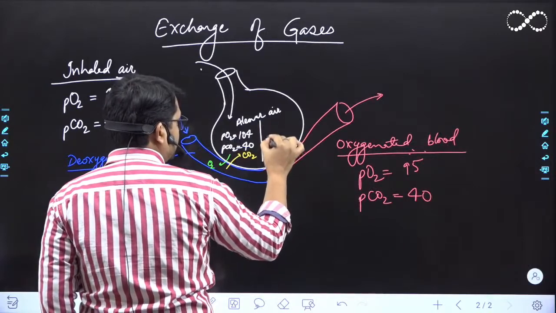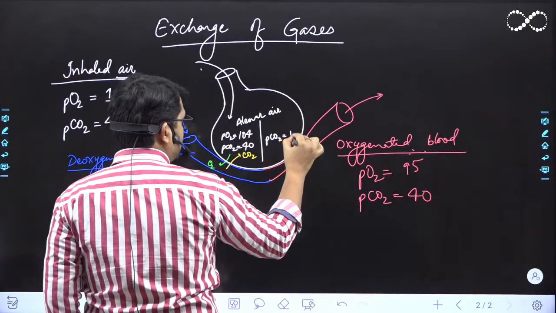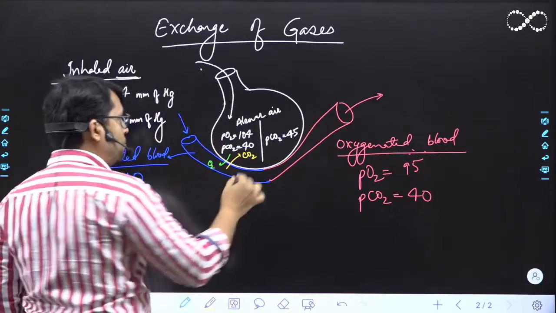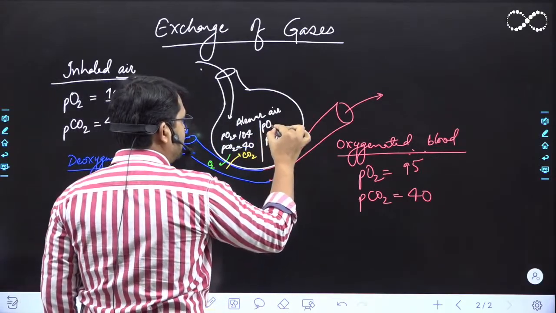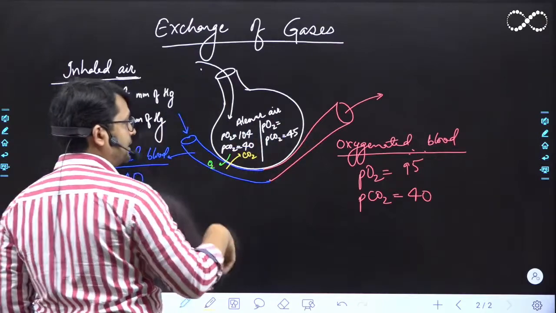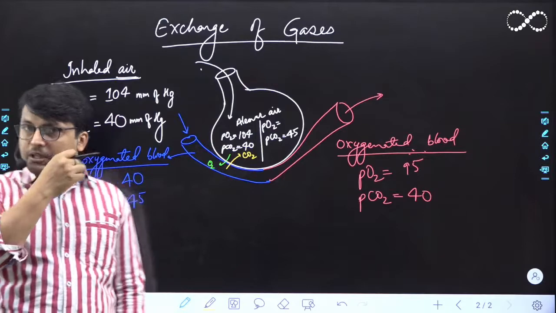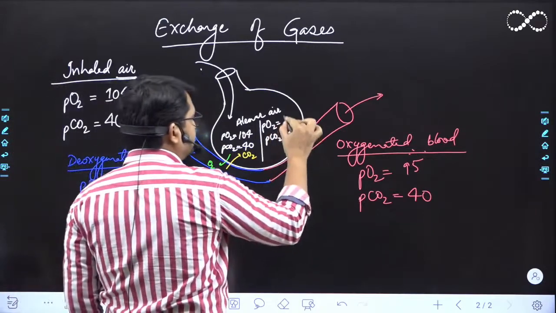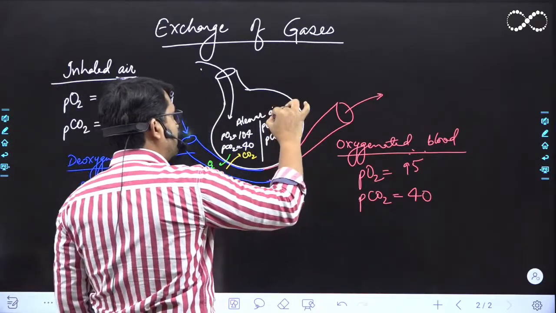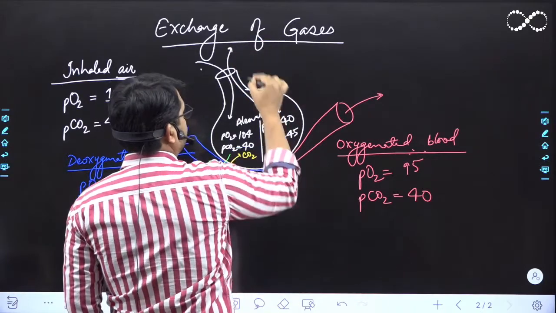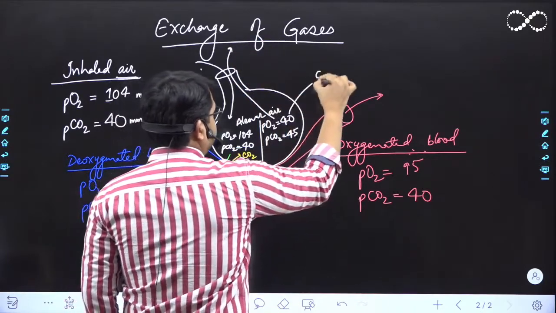Now here the PCO2 value is going to increase up to 45 and PO2 value has decreased क्योंकि ये इसमें चला गया है. अब ये decrease होकर के कितना हो जाएगा in the alveolar air? It will get back to 40. And this air is now going to be exhaled. So this is going to be the exhaled air.